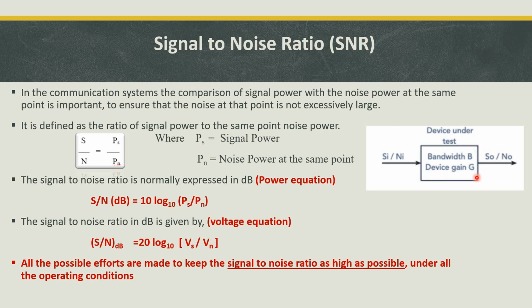For any device we are calculating the input side signal to noise ratio and the output side signal to noise ratio. Signal to noise ratio means signal power divided by noise power. In a good communication system, at every block, every moment, we expect signal power to be maximum and noise power to be minimum.